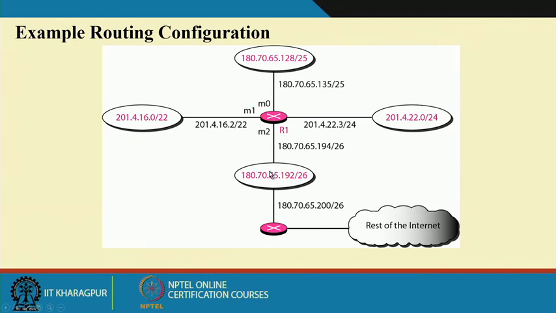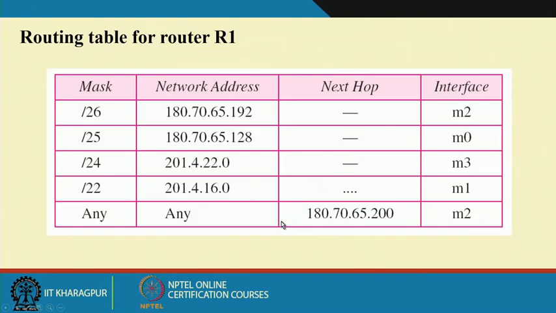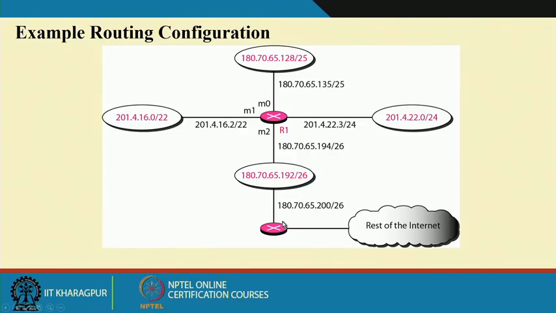There can be a default route on one of these interfaces, right. So, this is a connection for 201.4.16.2/22, 180.70.65.x/25, and so on and so forth. And there can be another router connected to this type of interface.